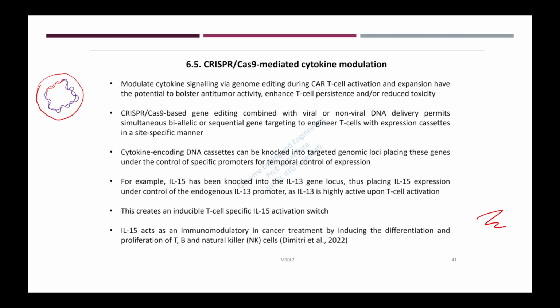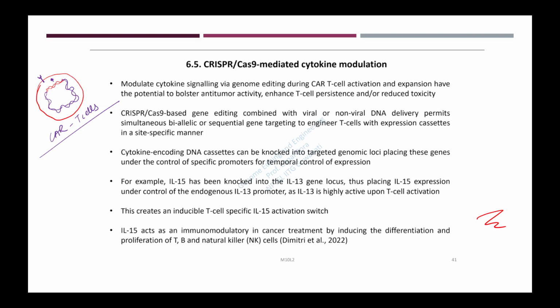Okay, so there this transgene is present, and this transgene gets expressed on the surface of the T cell and it becomes a CAR T cell. Okay, but there is non-specific integration also.